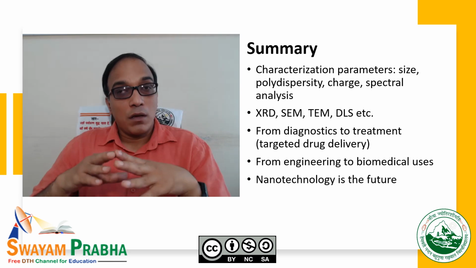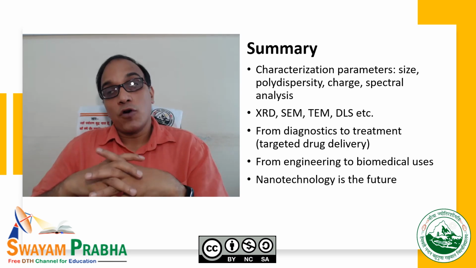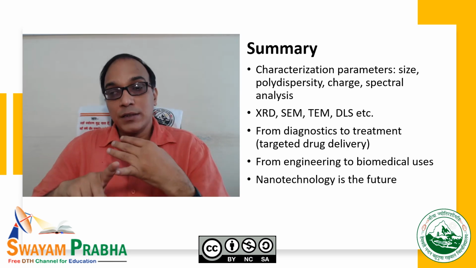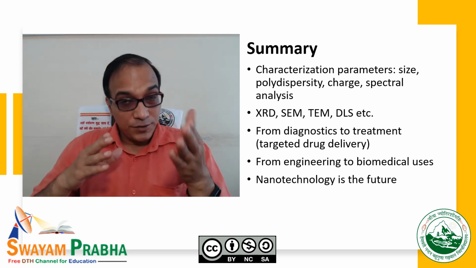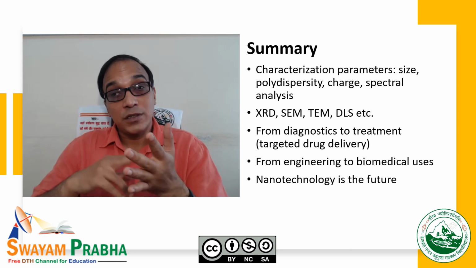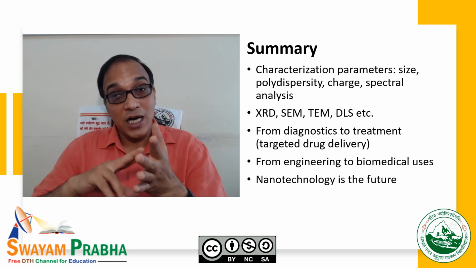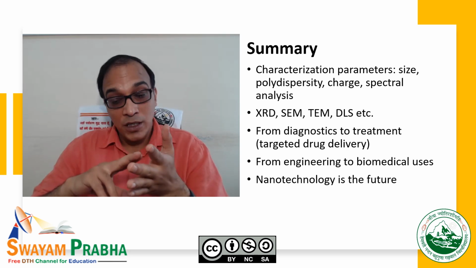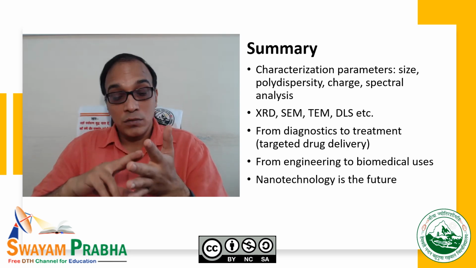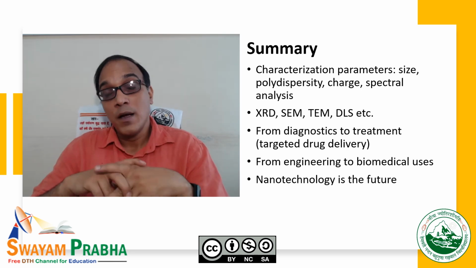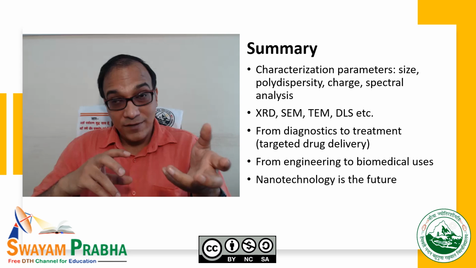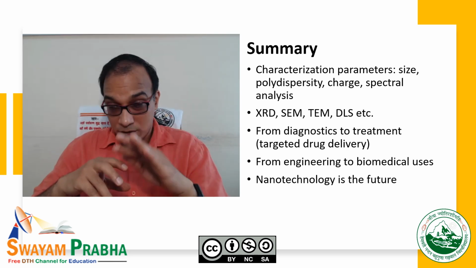Then the applications, from diagnostics to treatment and others. Specifically in diagnostics, lab on chips can deliver. These are examples for early cancer detection, and insulin delivery or pH sensitive insulin delivery. Insulin nanoparticles can be prepared. Tumor targeting, passive targeting and active targeting with the help of targeting moieties.